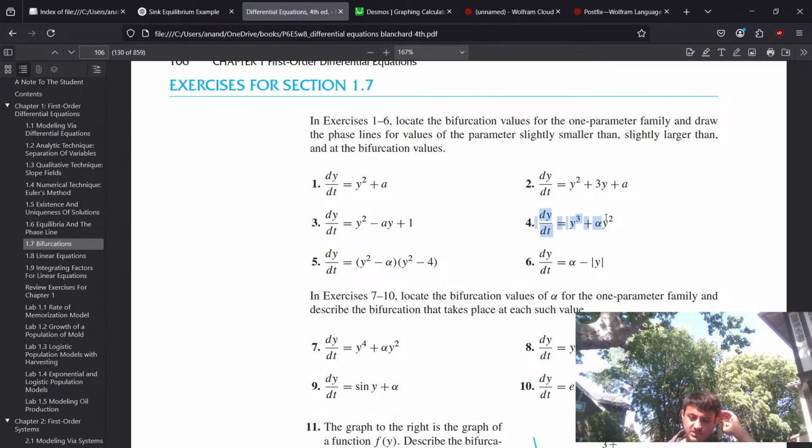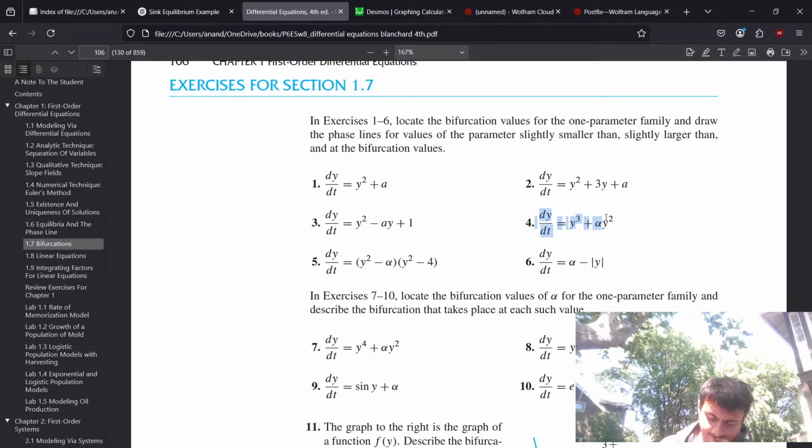I'm not quite sure. So our first thing is that if a is 0, let's just get the phase line for a equal to 0.